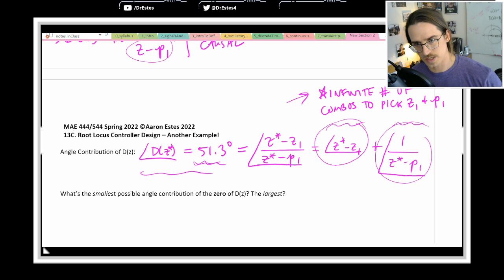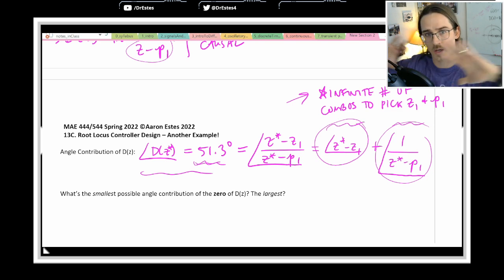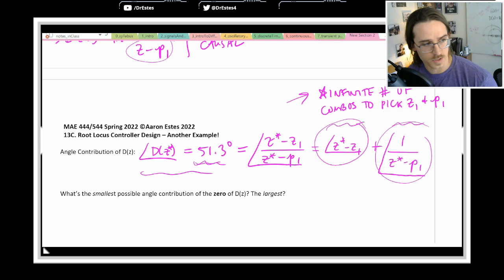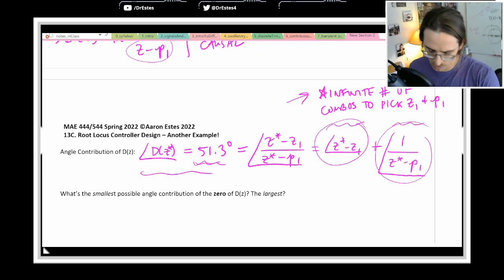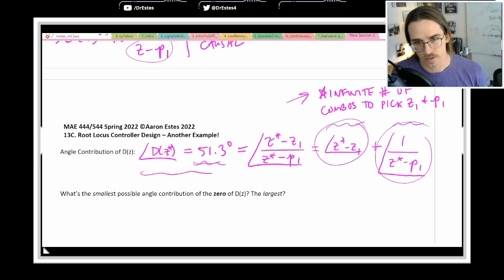It's not like you can design a controller in one shot with this root locus design. So we're going to cycle through the range of possible controllers. We're not going to go through all of the infinite possibilities, but we're going to sample a set of controllers that might work, and then we're going to whittle it down and pick the one we want.